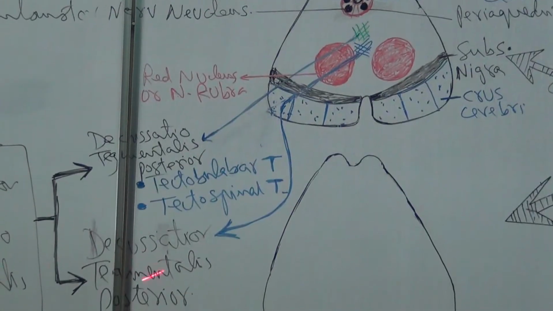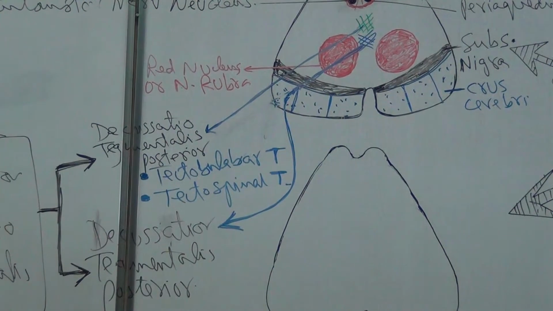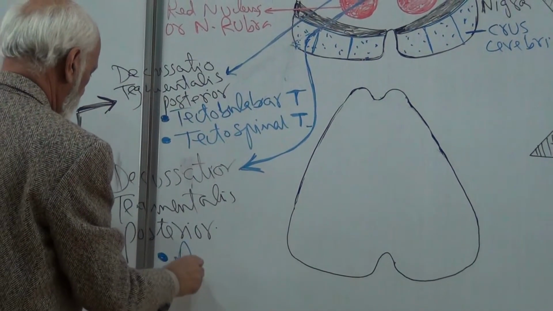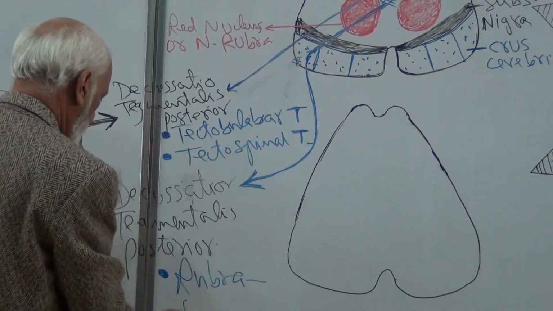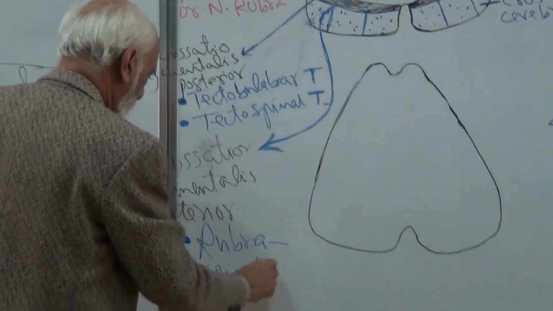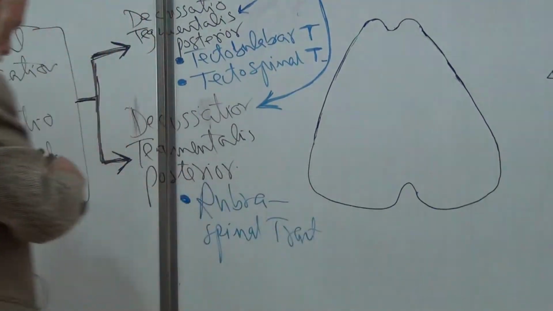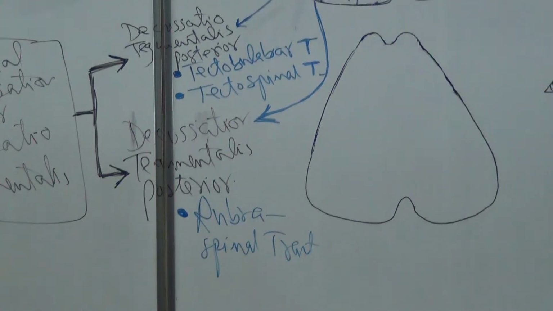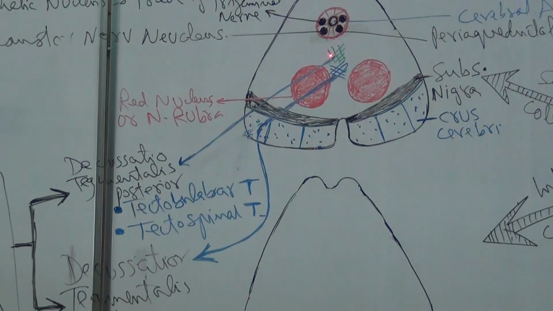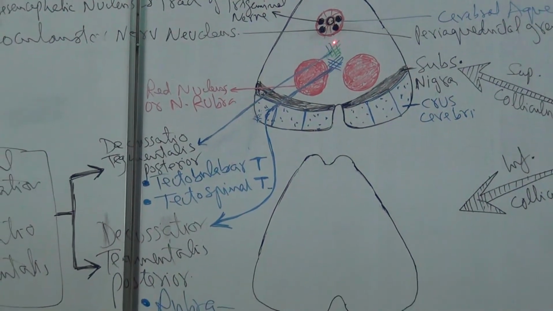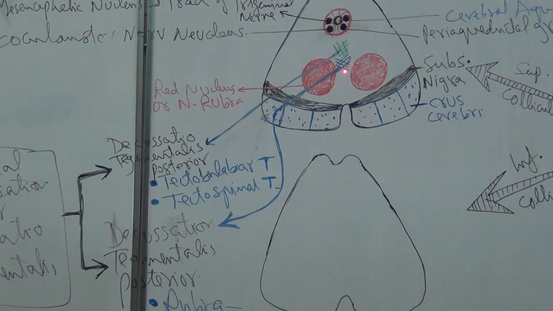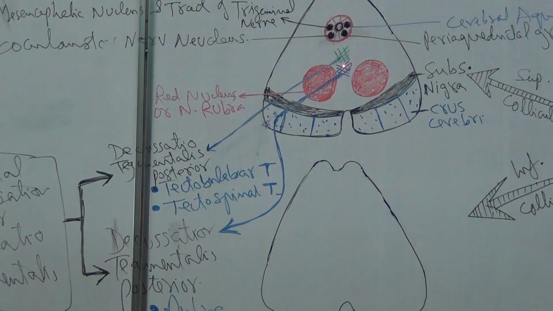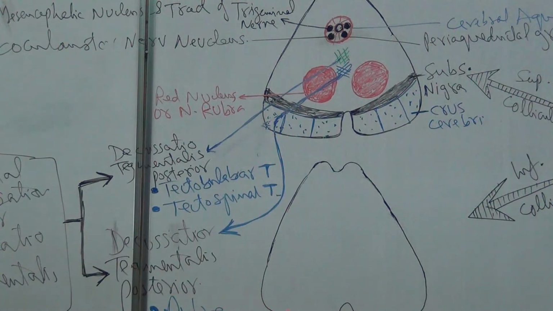Here there is decussation of one tract, known as the rubrospinal tract. So in the posterior tegmental decussation there is crossing of the tectobulbar and tectospinal tracts. In the anterior part of the tegmental decussation, there is decussation of the rubrospinal tract.